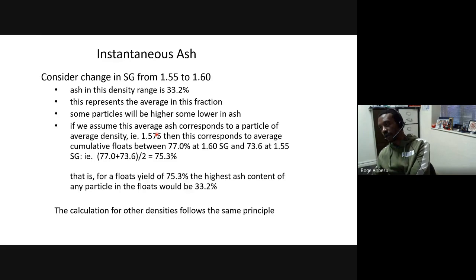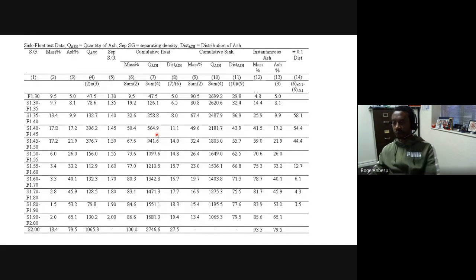Okay, so if you go back here, I can work out average specific gravity. So this is the average ash. We can also work out average recovery of floats. So for 1.55 and 1.6, it is the sum of 73.6 and 77 divided by 2 that will give me the average floats.